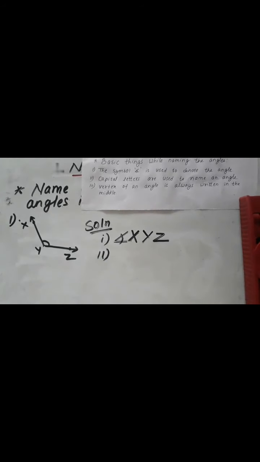Now next, see another way. So students, another way to name this angle is just we have to reverse. Before we wrote angle X Y Z. Now just reverse it. Now let's write the symbol of angle first.